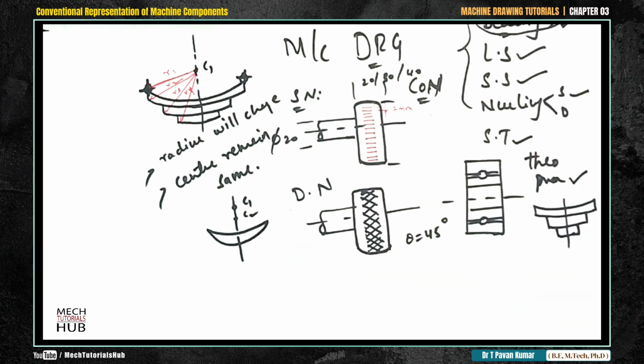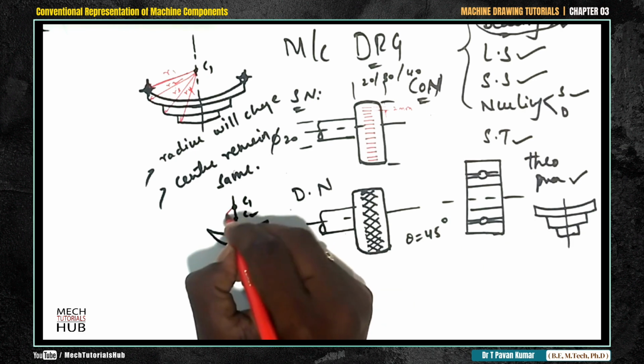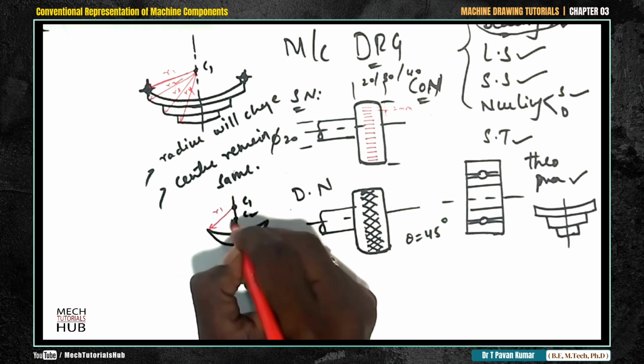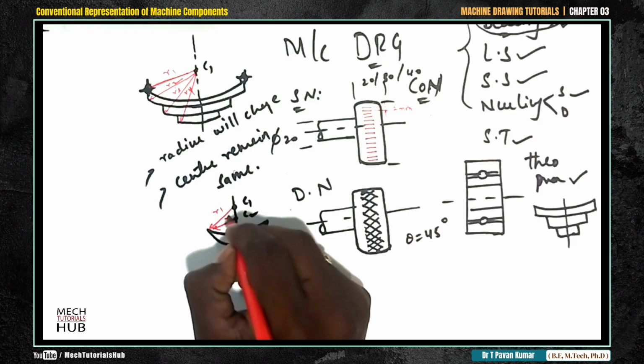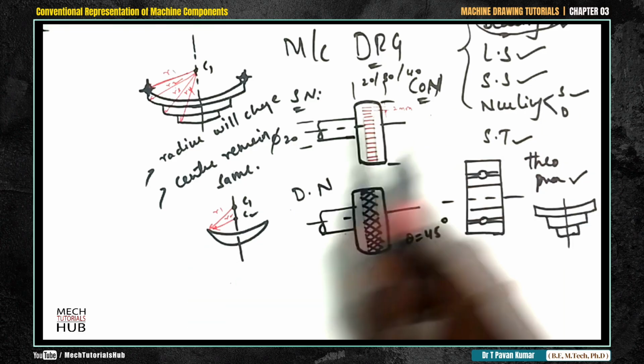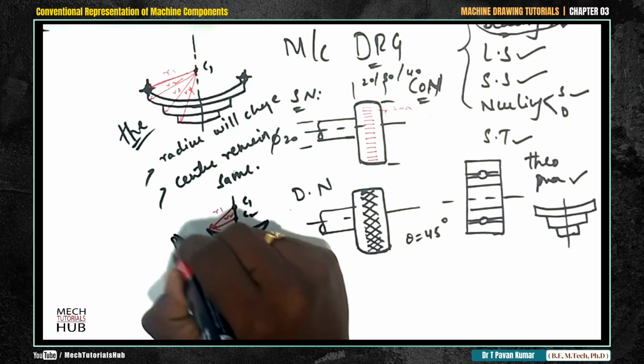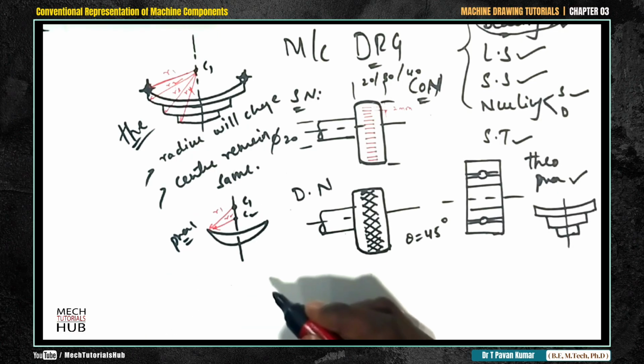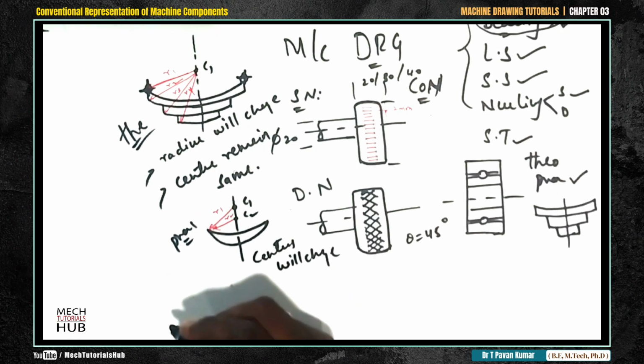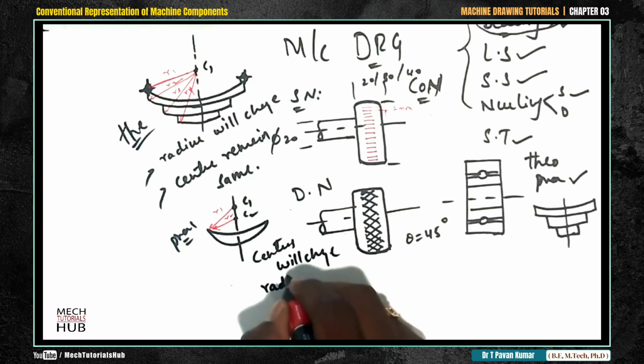It will be almost like a half moon. If from here to here it acts as R1, here to here it acts as R2. Now in this case, what happened? The earlier one is the theoretical representation, and this is the practical, conventional representation. Centers will change and radius will also change.